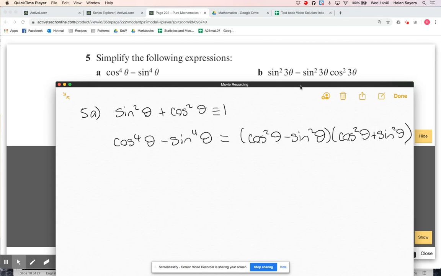Okay, so if you can spot what I've done there, basically I've factorized it because it's the difference of two squares.